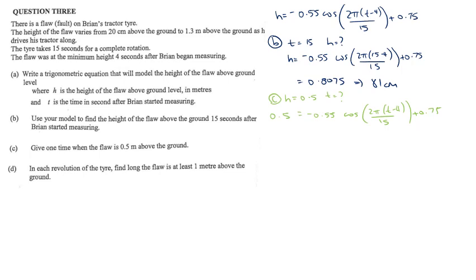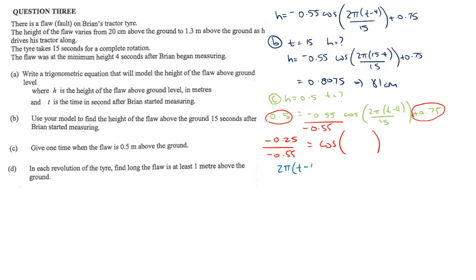I'm going to subtract that from here, get negative 0.25, and divide by that at the same time, just so I don't have lots of space. That equals cos of the bracket. I'm not going to write that bracket out, otherwise this video will take for ages. I need to do the arc cosine, so I'll write that bracket out now.